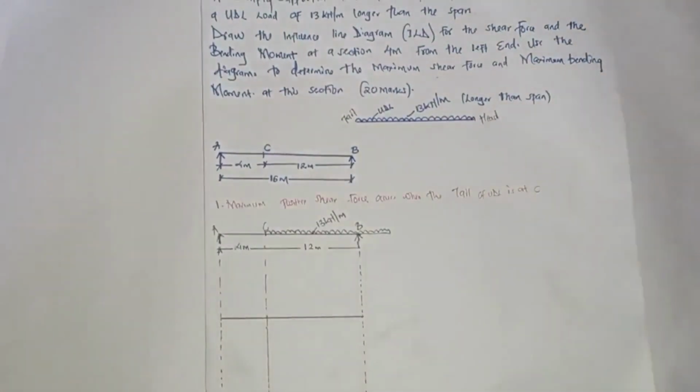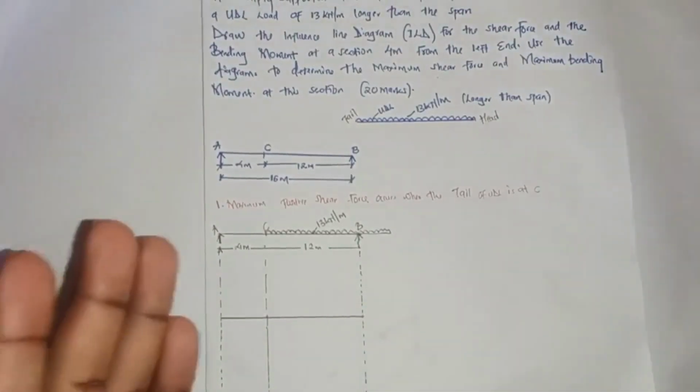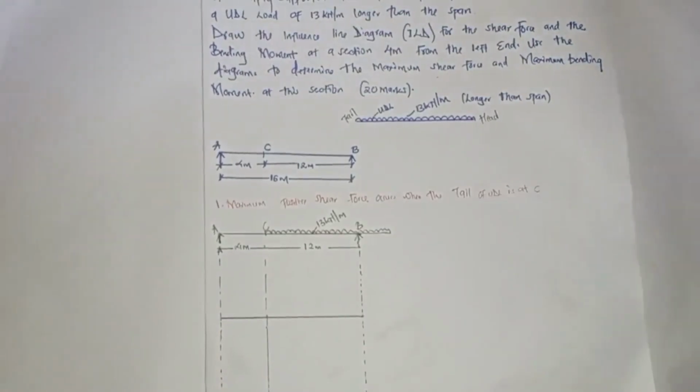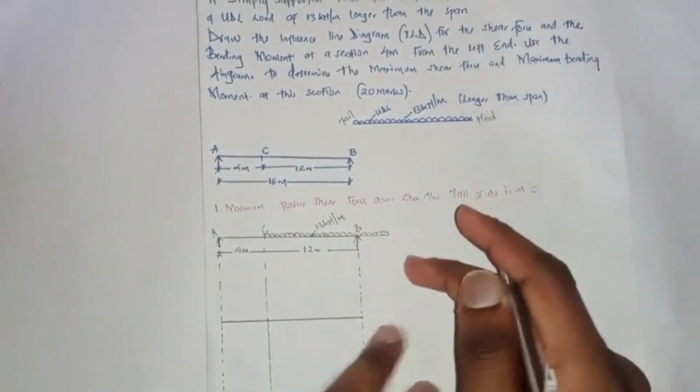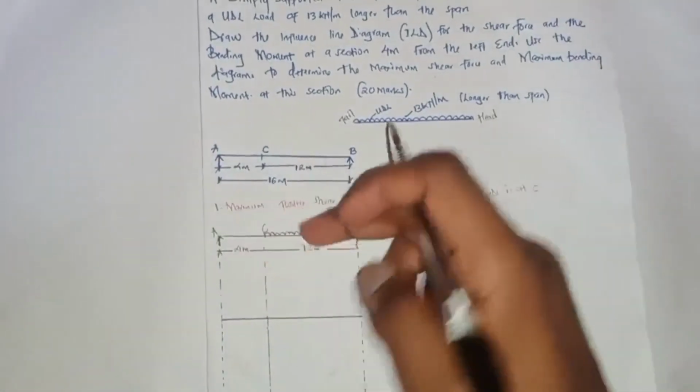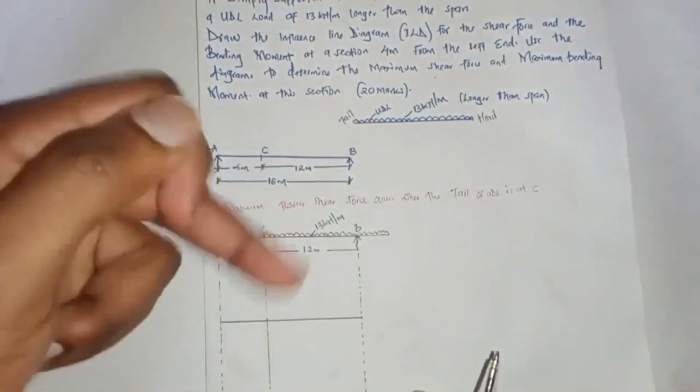In influence line diagrams, so that we are able to draw our influence line diagram, first we are going to calculate the ordinates at our point C, where our loading is going to affect our beam.